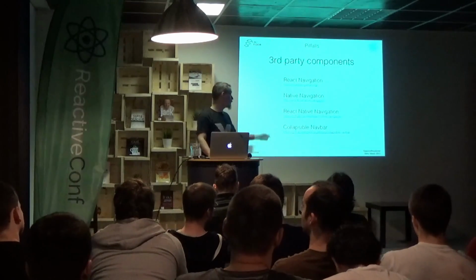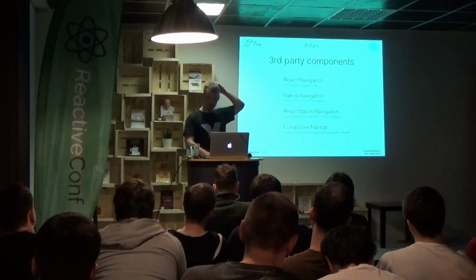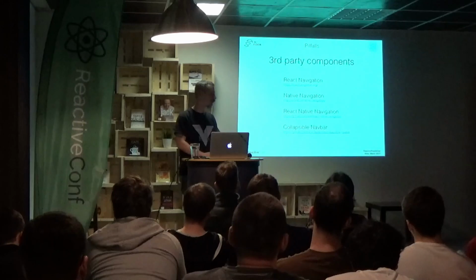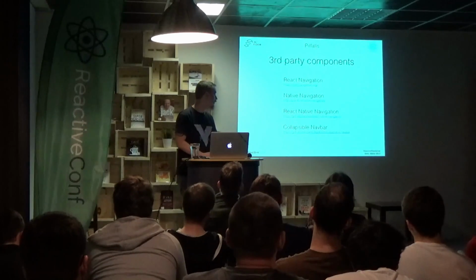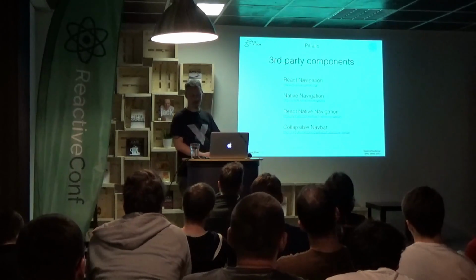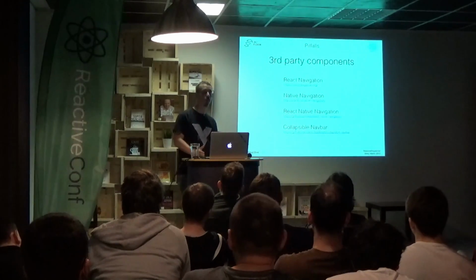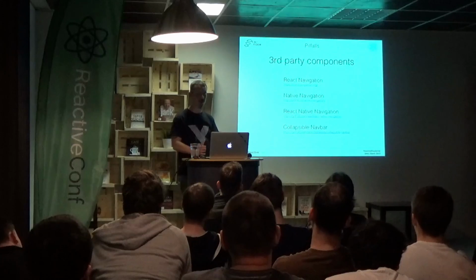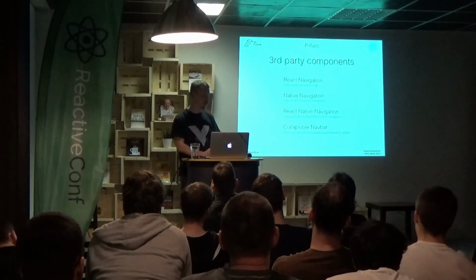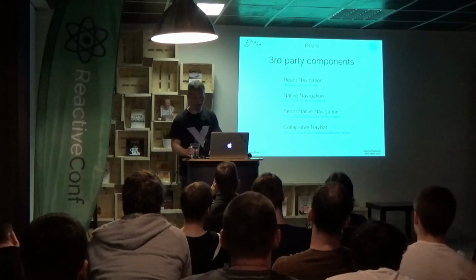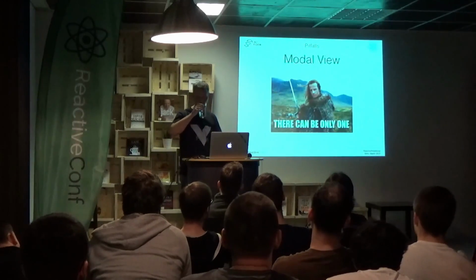The React Native Navigation by Wix is also in an experimental state. Collapsible navbar is just quoted here again. So all of them are not really ready. So this navigation problem somehow still stays. Okay, enough for navigation.